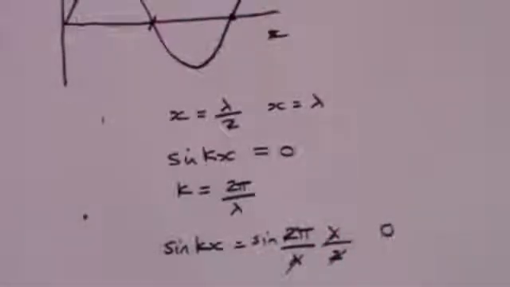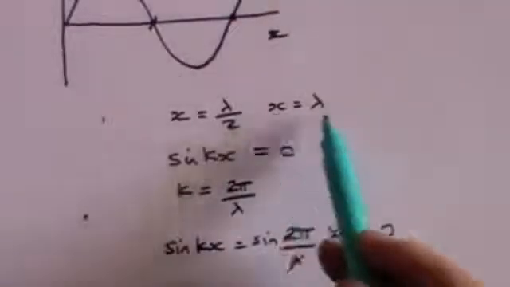If we do the same calculation for x equal to lambda instead of lambda over 2, then you're going to get that sine kx is equal to the sine of k, which is 2 pi over lambda, times x, which we're now going to take as lambda. Lambdas cancel and you get the sine of 2 pi, which is 0.